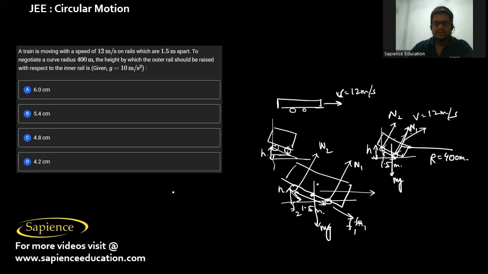So we can say that N1 into 1.5 by 2, the anticlockwise torque, should be equal to the clockwise torque. That should be equal to N2 into 1.5 by 2. So it means that N1 should be equal to N2.